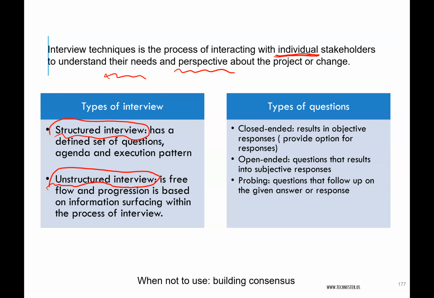Those are closed-ended questions. Closed-ended questions will allow your interviewee to give you very short, very clear responses, right? And these types of questions are useful when you want a statement of fact, when you want to get the fact of something.